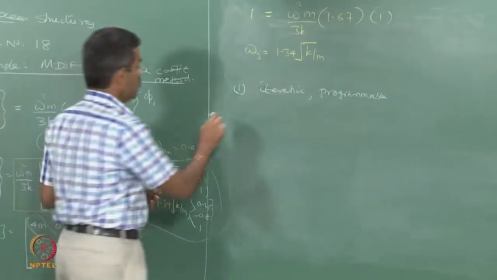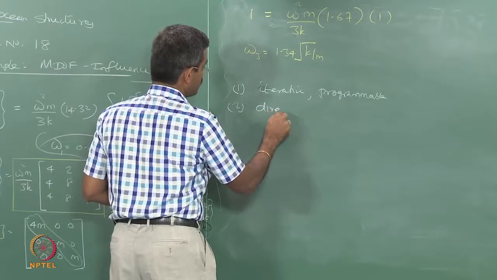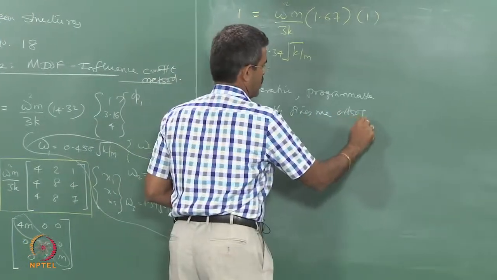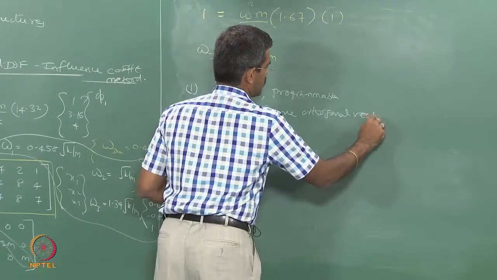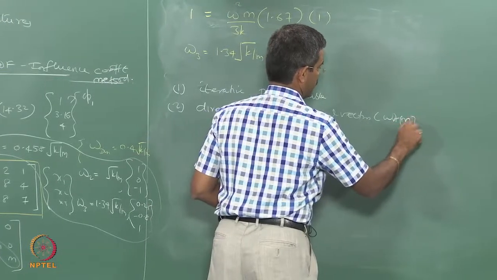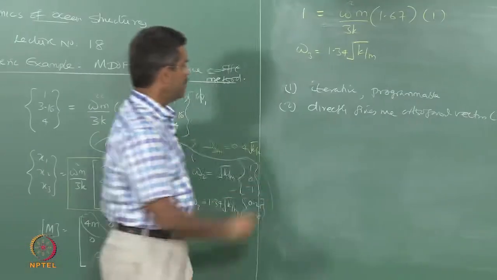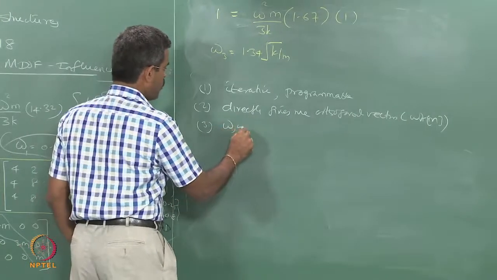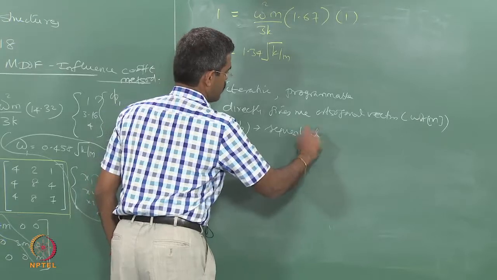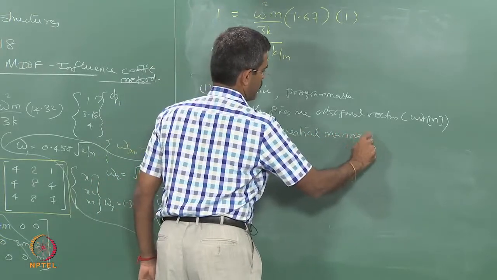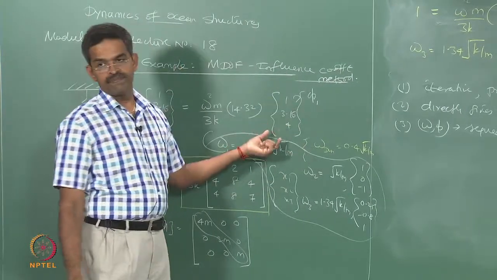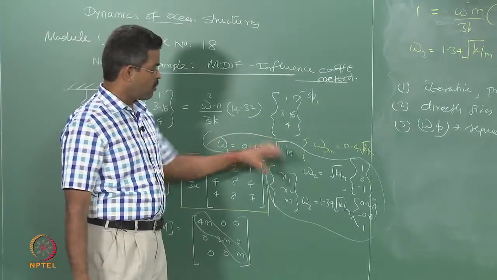Okay. 2, the method directly gives me orthogonal vectors with respect to mass matrix. Okay. 3, the values of omega and phi are given in a sequential manner. What does it mean? It always starts with a positive vector. So, omega 1, then omega 2 and omega 3.